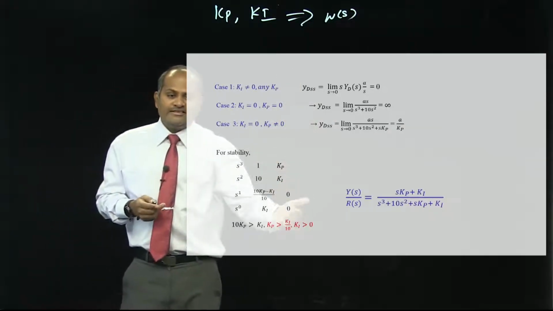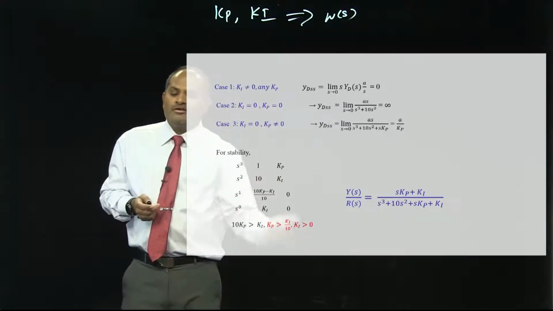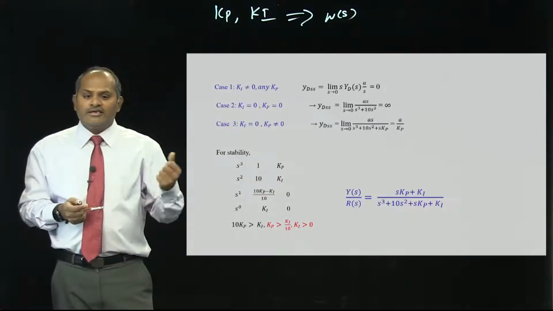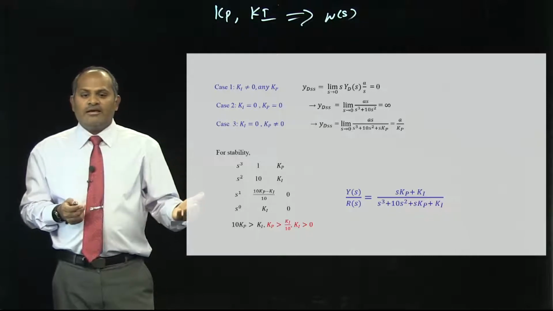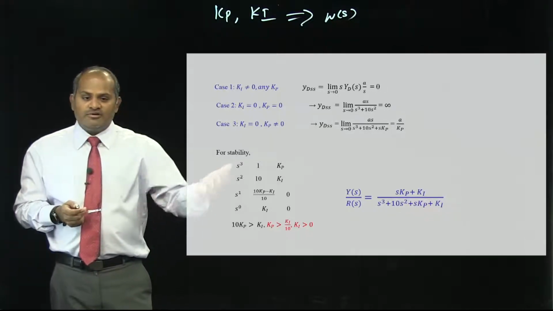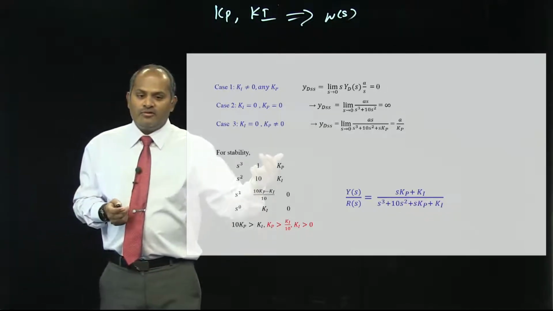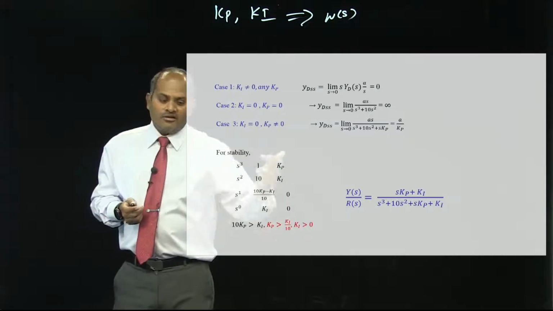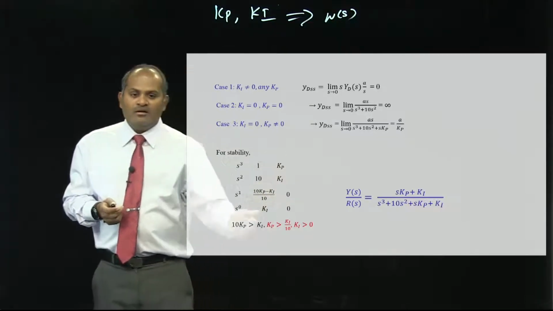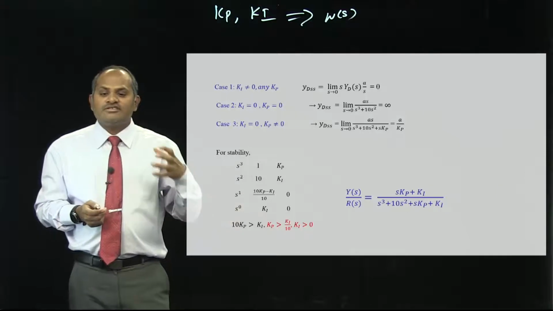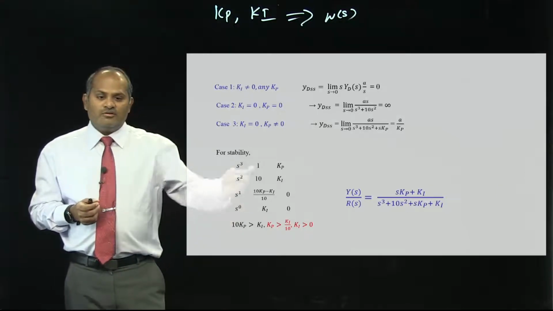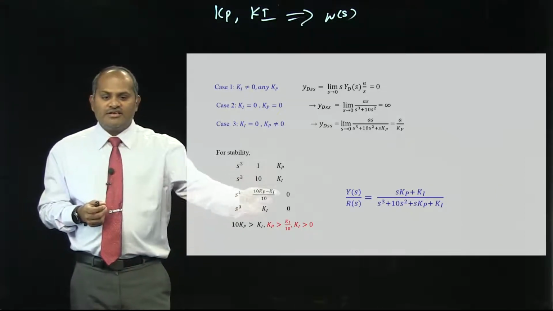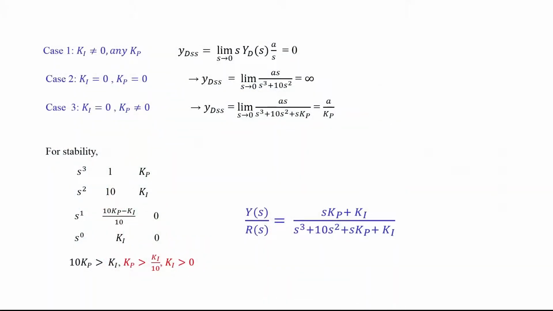So, I take this stability analysis, formulate the Routh array, and then try to get the conditions for kp and ki when the system is stable. If you take the first column, when all the terms are positive, we can ensure the system is stable. So from that I can see that this condition has to be greater than 0, and this condition has to be greater than 0.